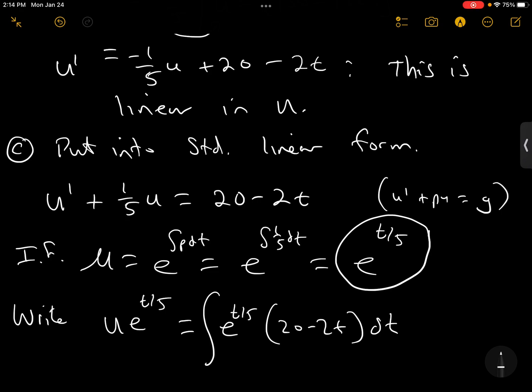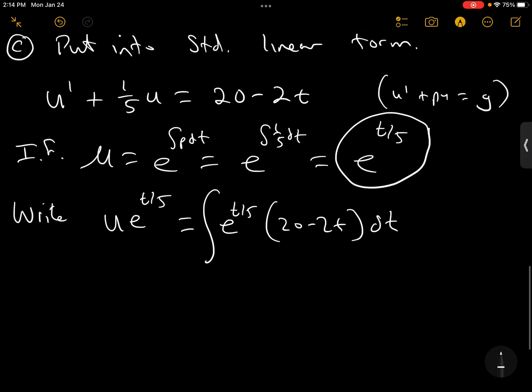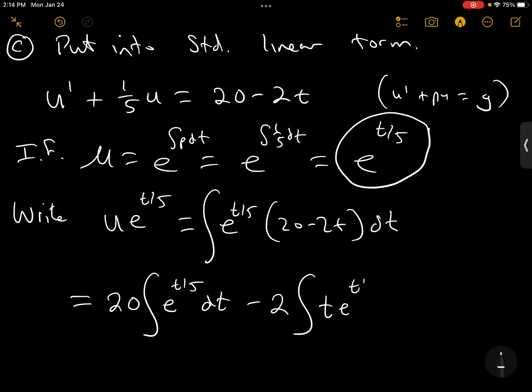So now we have some integrating to do here. This is now equal to the integral of 20 e to the t over 5 dt minus 2 t e to the t over 5 dt.